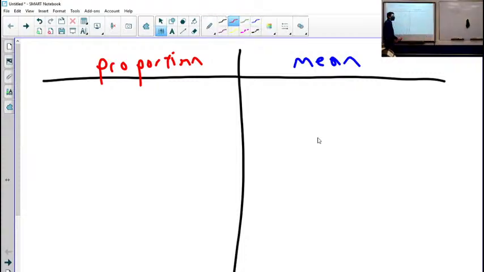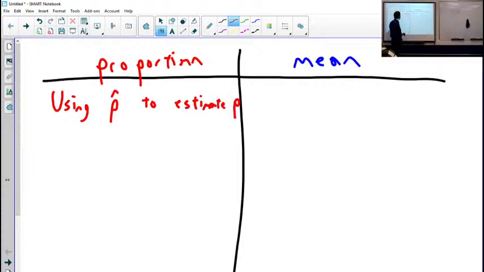So with proportions, we are using p hat to estimate p. In other words, p hat is our statistic. It's what we get from the sample. P is our parameter, and we are estimating it. So in step 1, you're going to say you're using a confidence interval to estimate p, and you're going to find what it is.